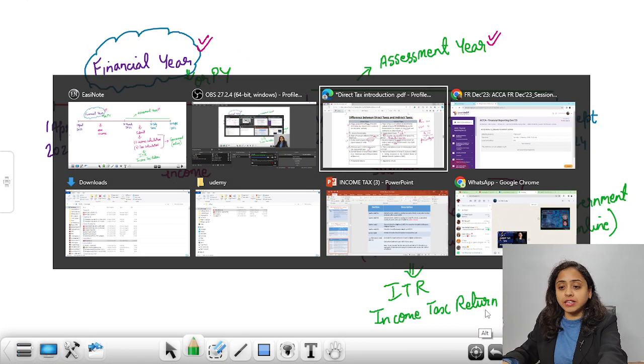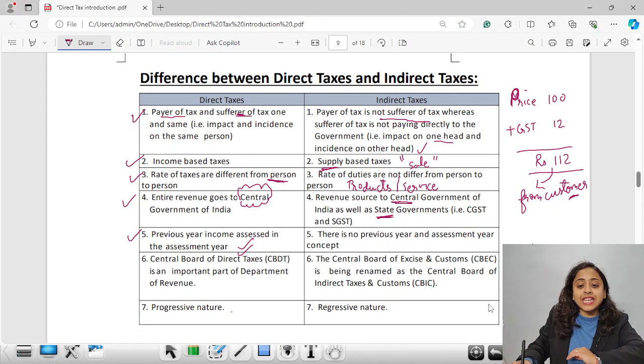Okay, so similarly here we say that under direct tax we have a differentiation between the previous year and assessment year concept, whereas in indirect taxes, it takes place within the same year, there is no bifurcation and no concept of previous year and assessment year. Next, direct tax is governed by CBDT, the Central Board of Direct Taxes.